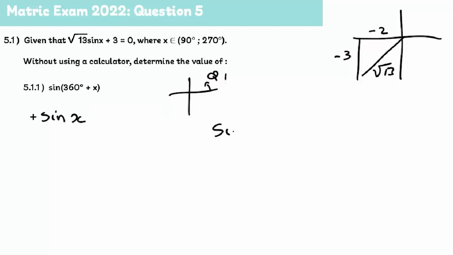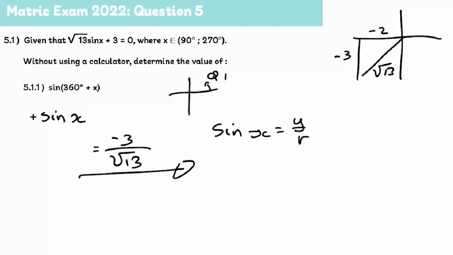We know that sin x is equal to y over r. What is y? Y is minus 3. What is r? Square root 13. Therefore, that is our answer. I know in the questionnaire they actually stop by saying sin is a positive x, but I would recommend that you work it all the way down to the figures.